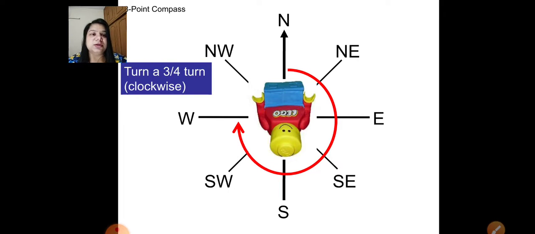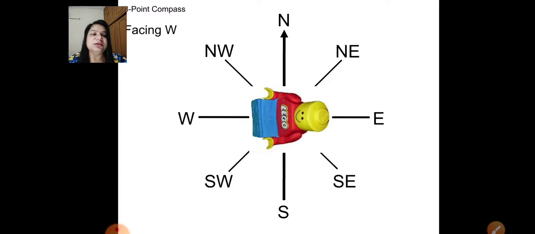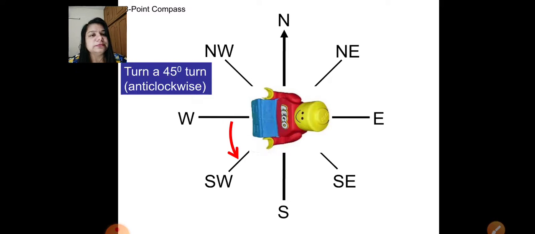So I have marked it with the red arrow how we will move 3/4 turn in the clockwise direction. So if it is facing north, if it moves in clockwise direction 3/4 of the turn, it will be facing west direction. Okay. Now just check. Now the Legoman is in west direction. Okay.